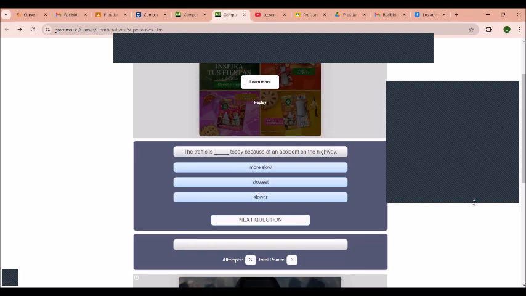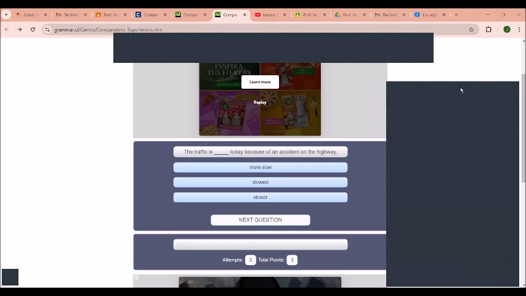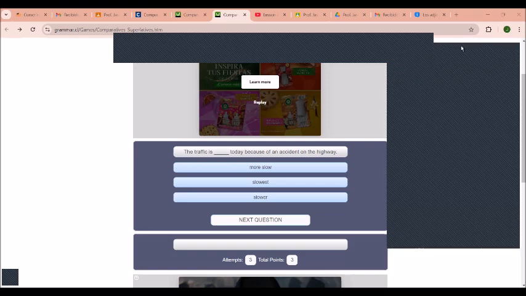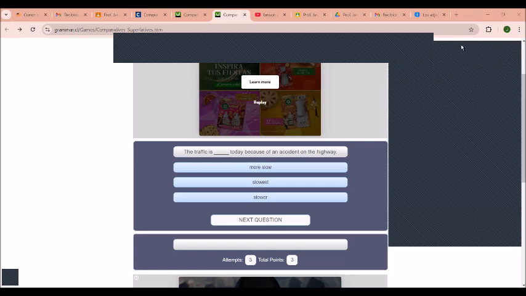The traffic is more slow today because of an accident on the highway. All right, thinking is correct. However, you forgot about syllables. If it's a single syllable, you don't need more. You just need ER.